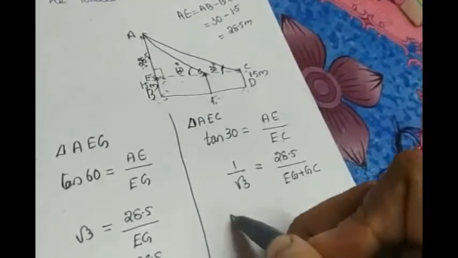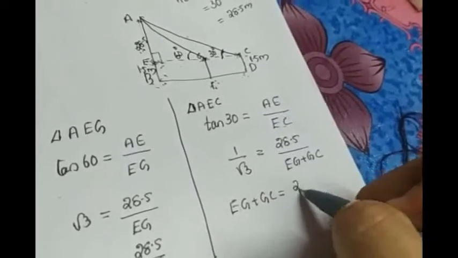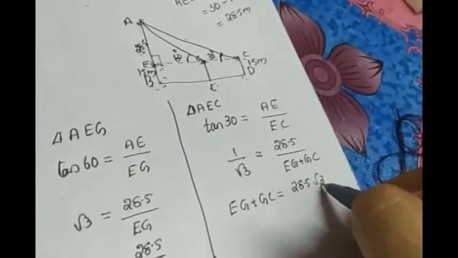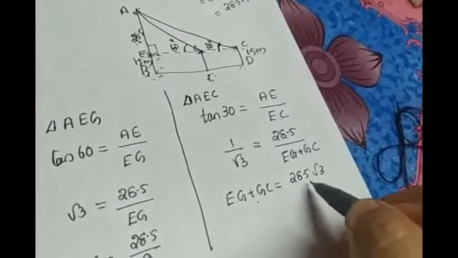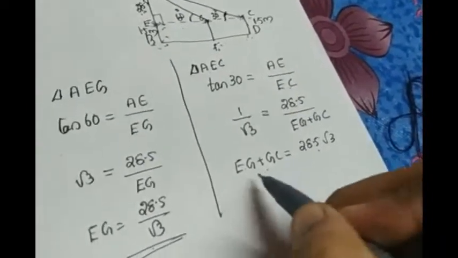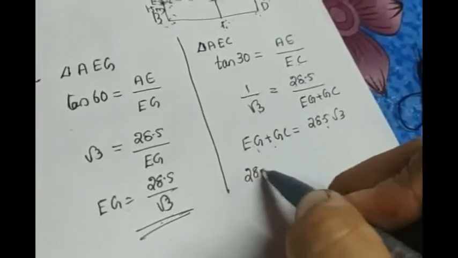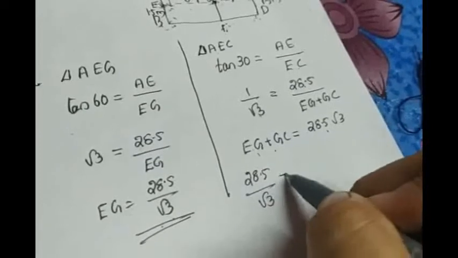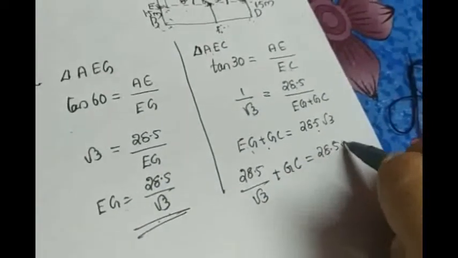Again, if I cross multiply, what I get is EG plus GC is equal to 28.5 root 3. 1 into this term gives you EG plus GC. 28.5 into root 3 gives you 28.5 root 3. Again, the value of EG we know from the previous one. So put that value: 28.5 by root 3 plus GC is equal to 28.5 root 3.